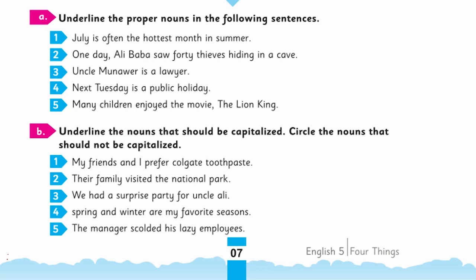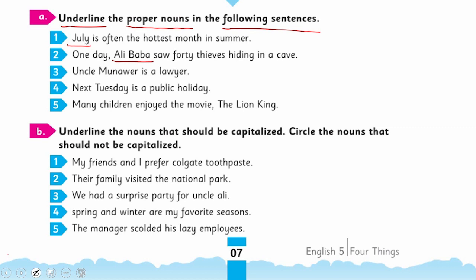Now here you have to underline the proper nouns in the following sentences. The first sentence is: July is often the hottest month in summer. Here July is a specific month, that is why it is underlined as a proper noun. In the second sentence: one day Alibaba saw 40 thieves hiding in a cave. Now here Alibaba is what?